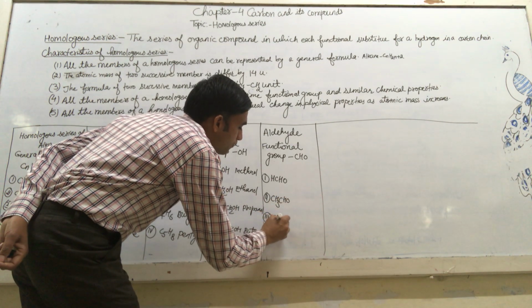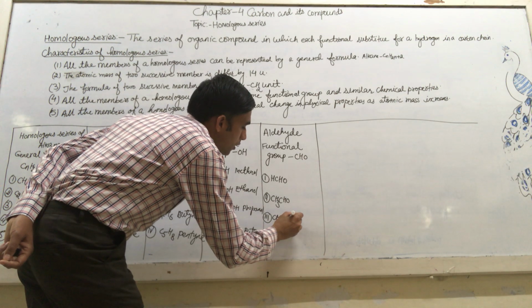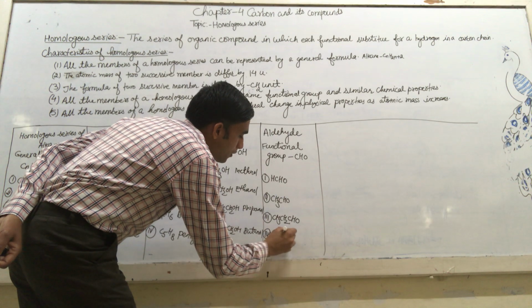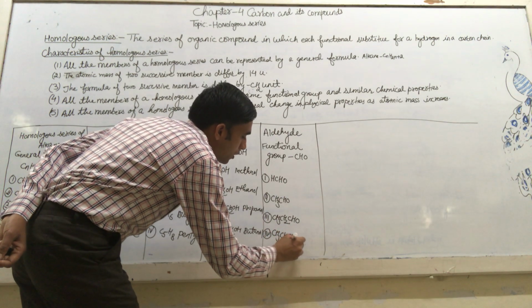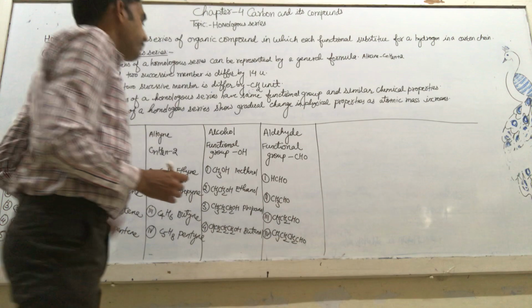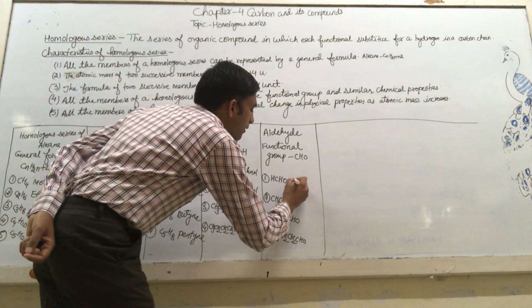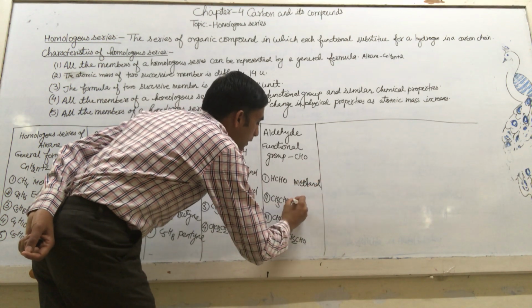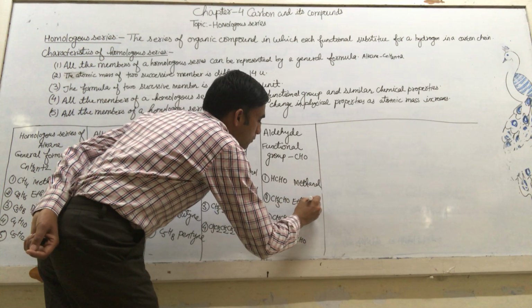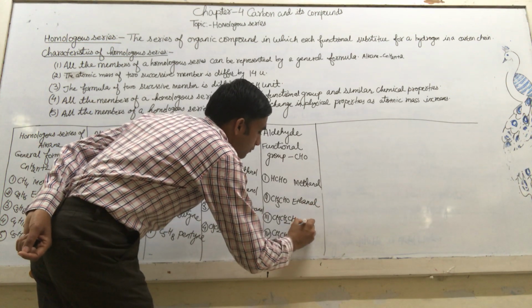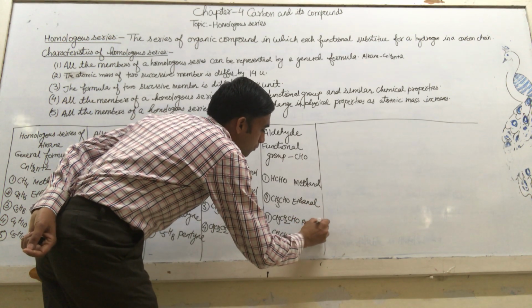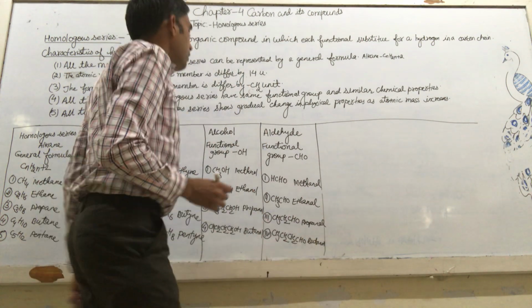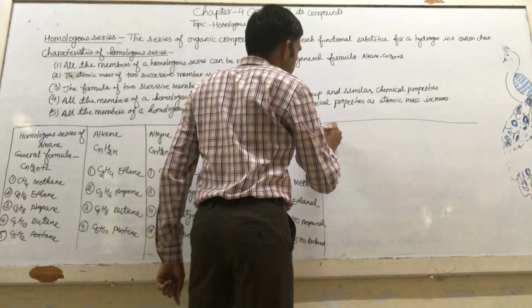The third member is CH3CH2CHO. The fourth member is CH3CH2CH2CHO. Their names are methanal, ethanal, propanal, butanal.